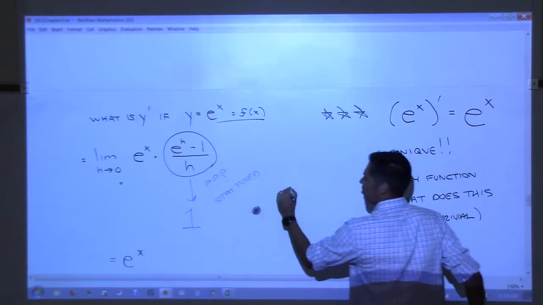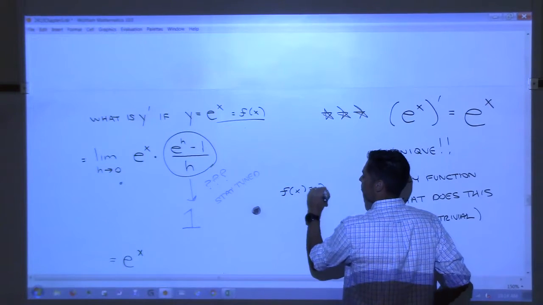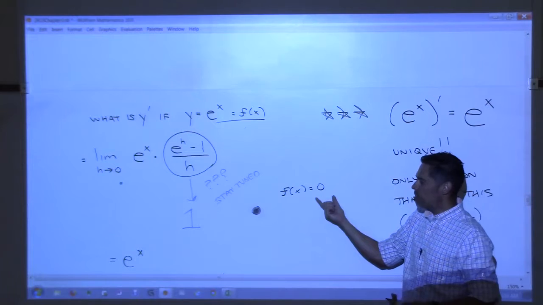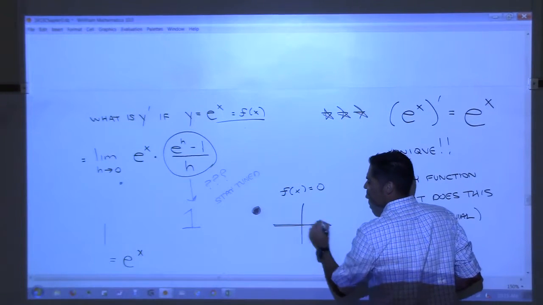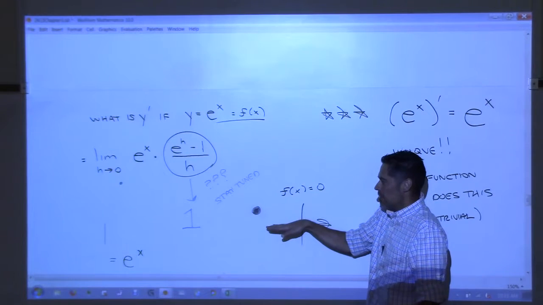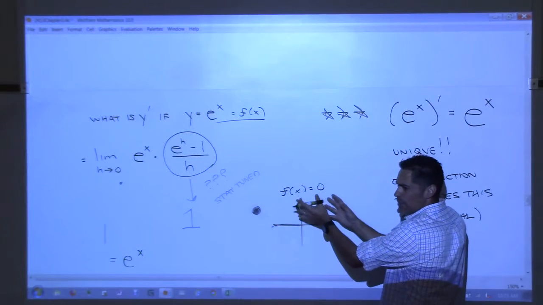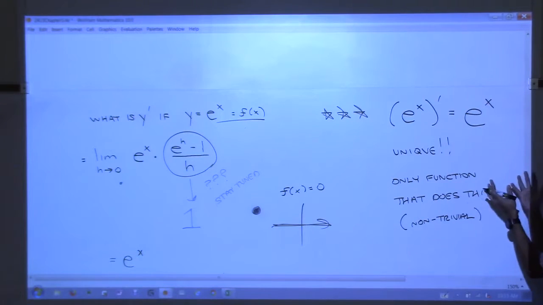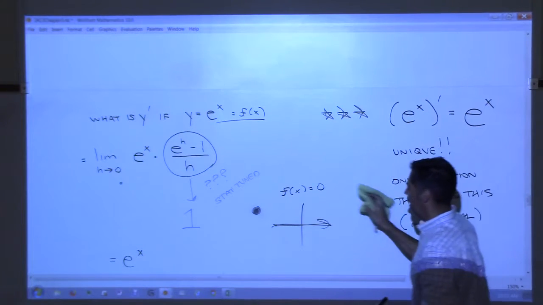It's the function f of x equals 0. What is the derivative of that? 0, right? But this function itself is boring. It's just a flat line, that's all it is, right? It's not doing anything interesting. So this is what we call the trivial case, but this is the only non-trivial function that does it. We talked about this earlier. Remember you asked the question?